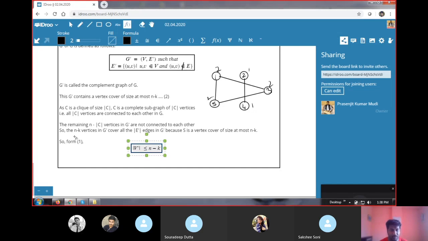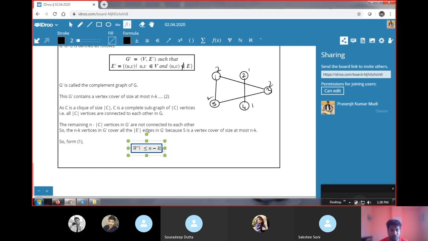So, from the information 1. And next, in terms of clique, the n minus mod C vertices in G dash are not connected to each other.